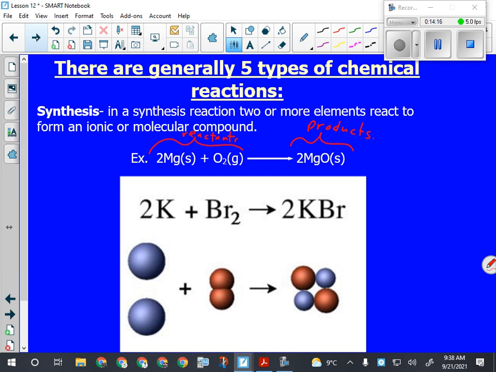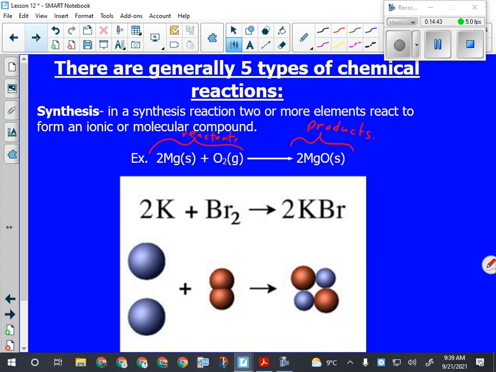Those are the states. You don't have to worry about those. I'll never ask you to write those in the reaction. But when you get to Chem 20 you'll have to start putting in the solids and the gas. That's just a matter of looking on the periodic table at melting points and boiling points, extra stuff you don't have to do in Science 10. Magnesium is just a metal, it's a solid. Oxygen is obviously a gas. And it makes an ionic compound, which is a crystalline solid at room temperature.